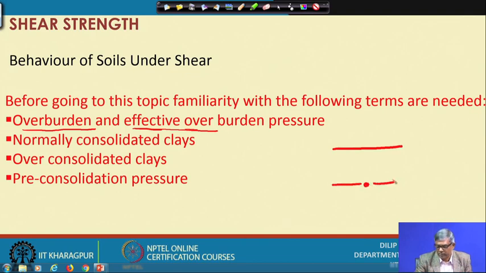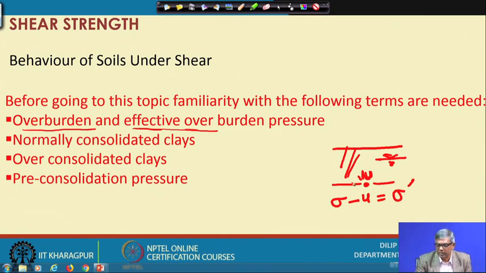Overburden means the pressure at that point because of whatever soil weight is above it. Effective overburden is what? If there is a water table somewhere here, then from the overburden, the total stress sigma due to the total weight of the soil, if I subtract the water pressure, that becomes effective. So, that is effective overburden.